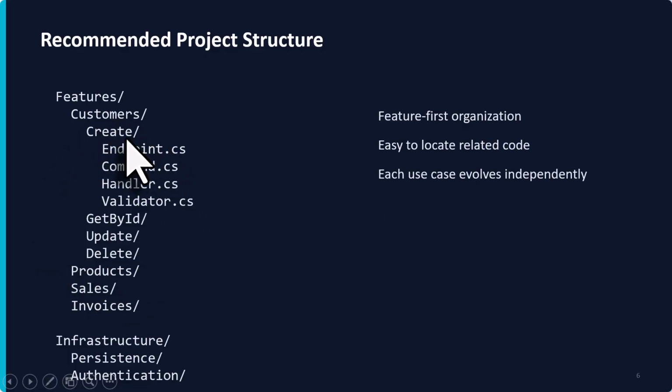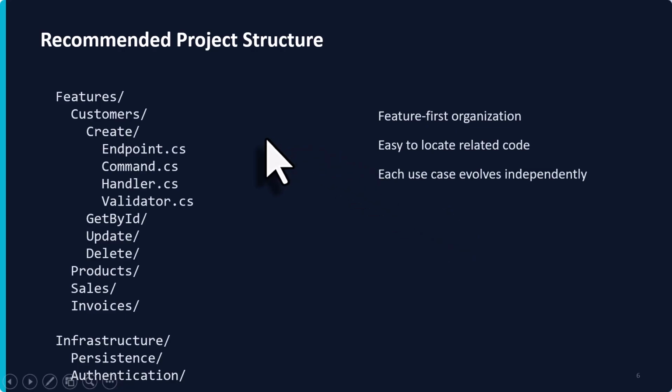Compared to the repository pattern, where each file is in a different place, here all the features are combined in one place. That is the main advantage. Each use case evolves independently.